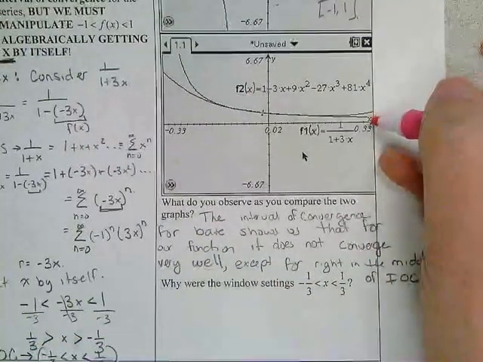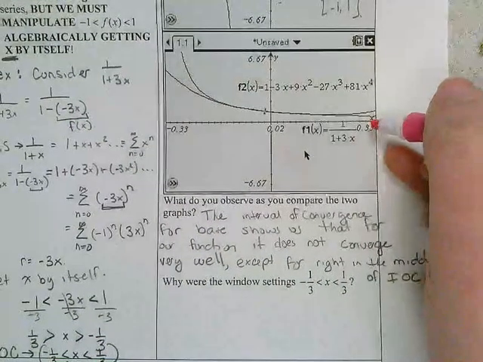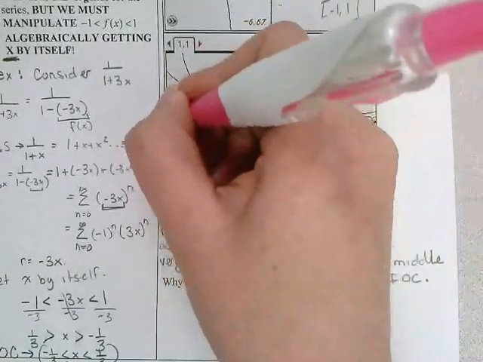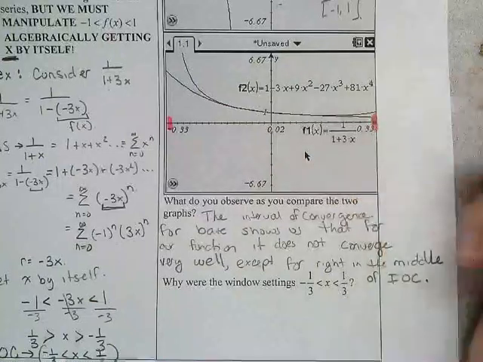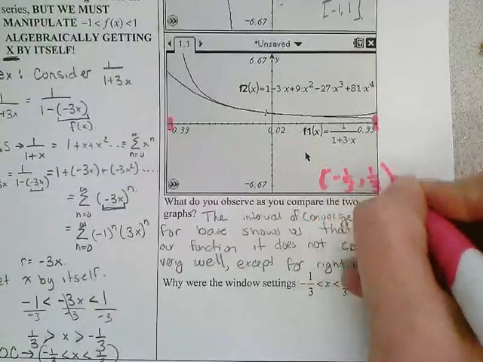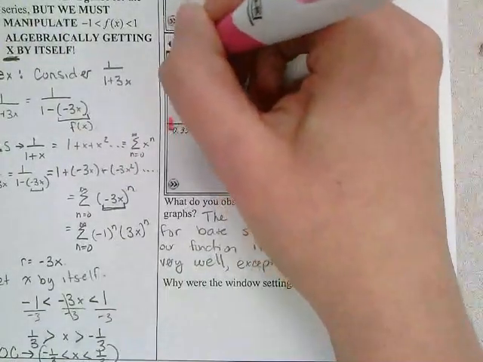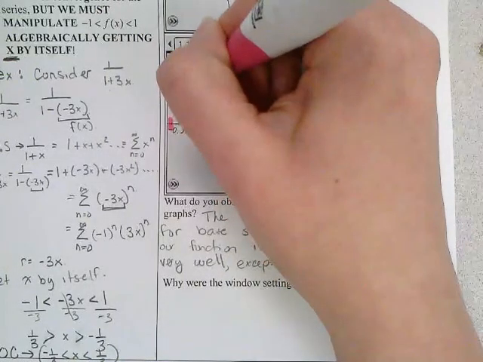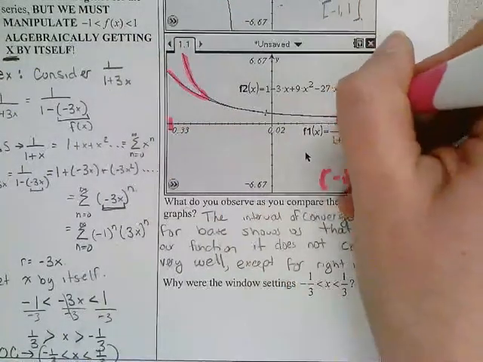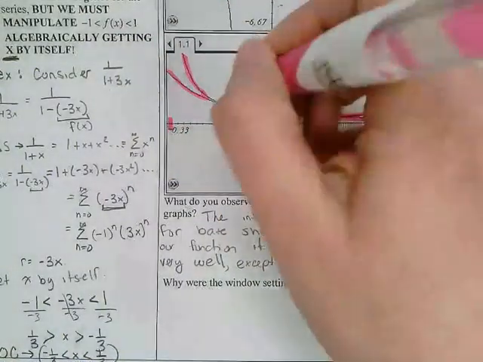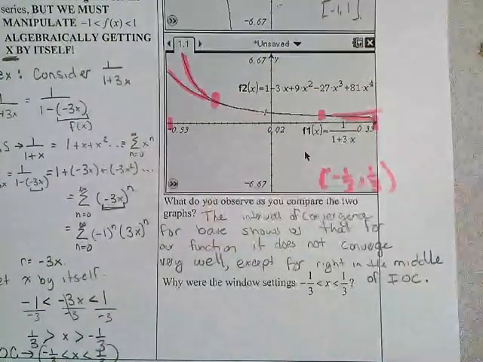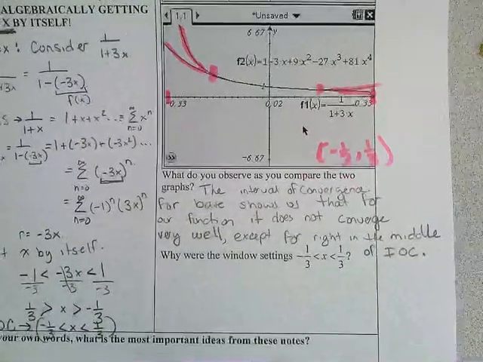So we change the viewing window, the zooming window, so that our x values are from -0.33 to 0.33. So this is from -1/3 to 1/3. And you notice that actually in this area, it does not converge very well. I mean, they're pretty far off. Okay? The only place that it converges very nicely is in between our interval of convergence.